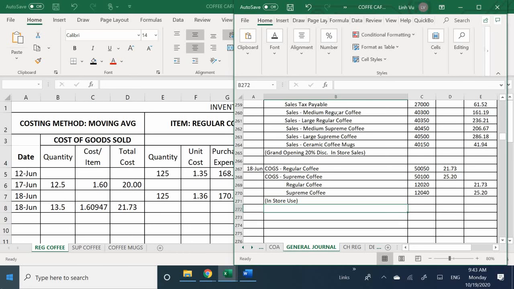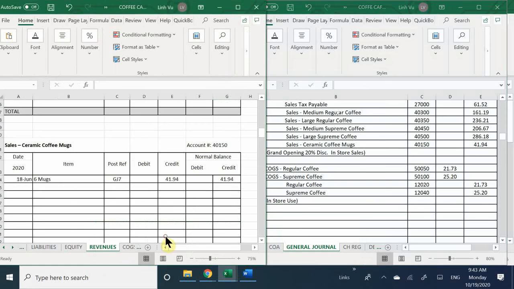Where are we going to go next? The ledger. Okay. So what's going to come first?